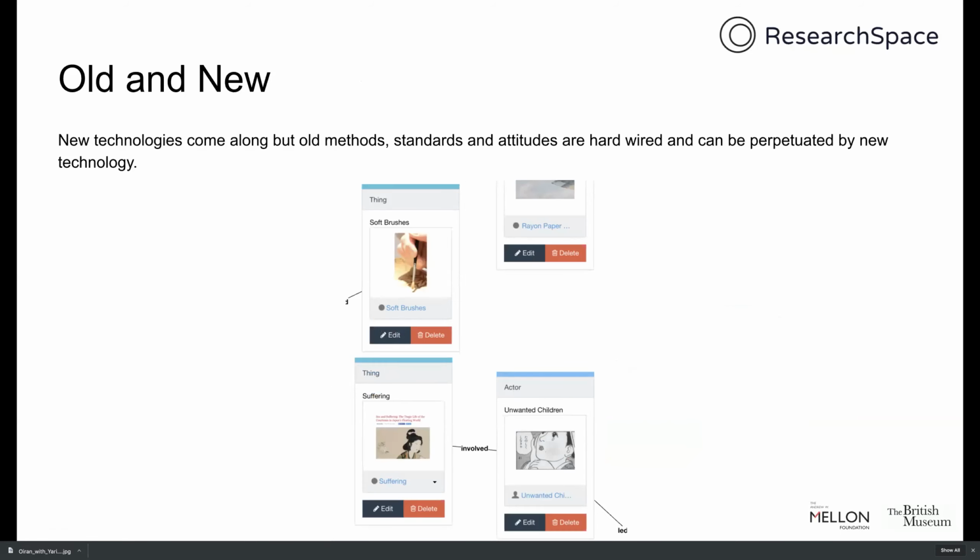New technologies come along, but old methods, old standards, and old attitudes are hardwired and can be perpetuated by new technologies like linked data. There's a radio program at the moment, hosted by someone called James Bridle, and he talks about some of the biases in existing systems that have been transferred over to new technology.